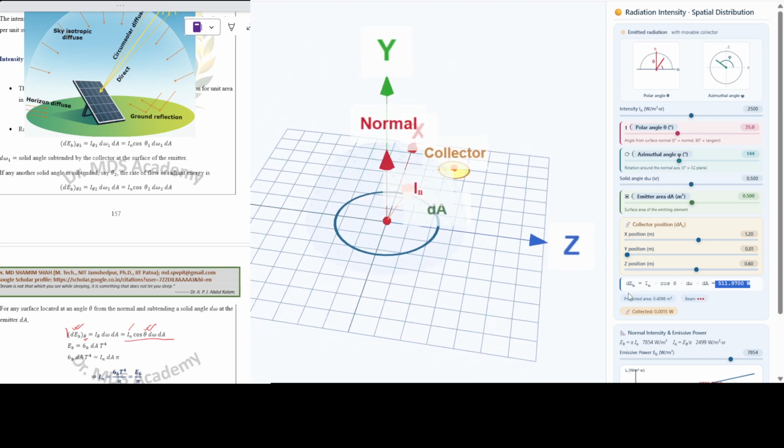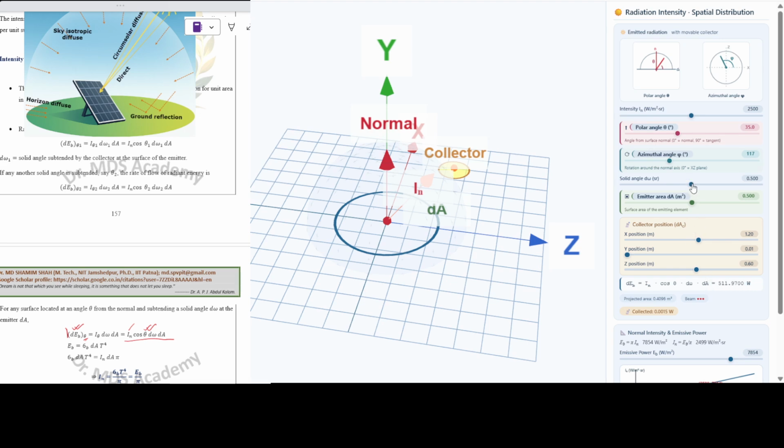No, it does not, because in dEB there is no azimuth angle. So when the collector is at a certain azimuth angle, there is no effect on dEB. That's why the emissive power energy is not changing.